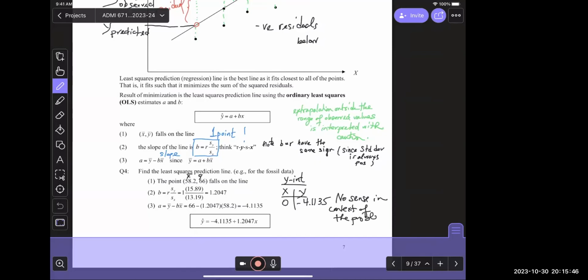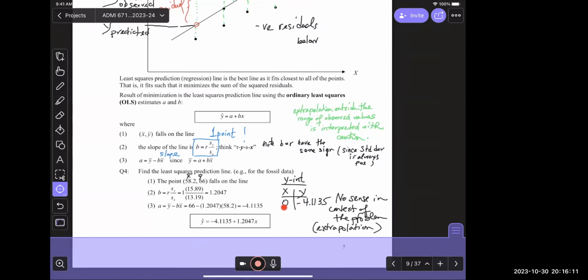So this is an example of extrapolation gone awry. I'm looking at the data with a zero length arm bone. You won't see that because we don't deal with zero length arm bone, or leg bone, sorry, legs.